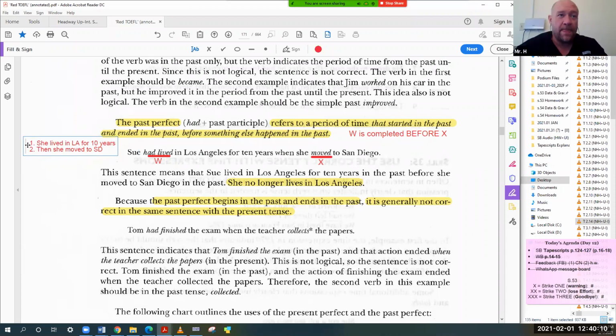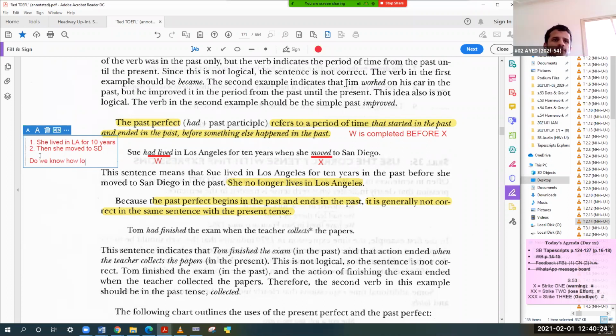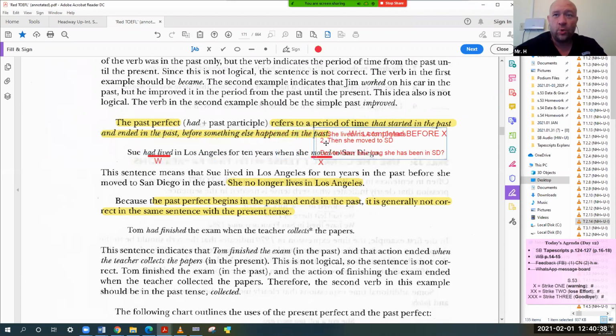Now, do we know how many years she lived in San Diego? No, we don't know. Do we know how long she's been in San Diego, gentlemen? No, we don't know this information.